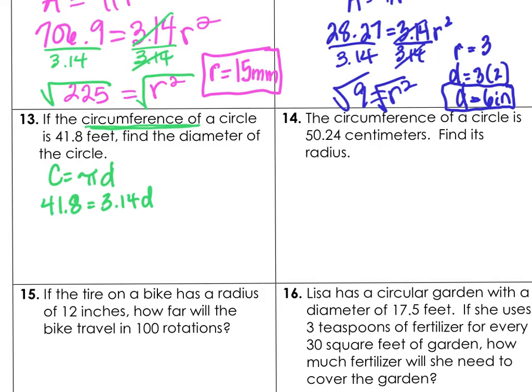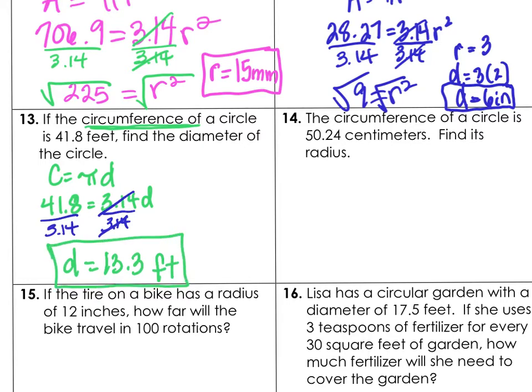Then, because you guys are awesome two-step solvers, divide by 3.14, divide by 3.14 to get the d alone. I think we're alone now. Doesn't seem to be anyone around. Then when we do that division, our diameter equals 13.3 feet. And again, there's no squared or anything because it's just a line. It ain't no big deal.